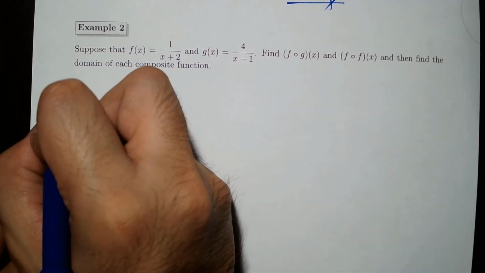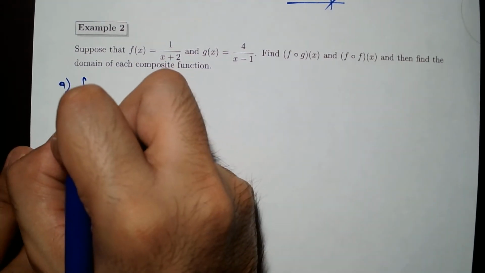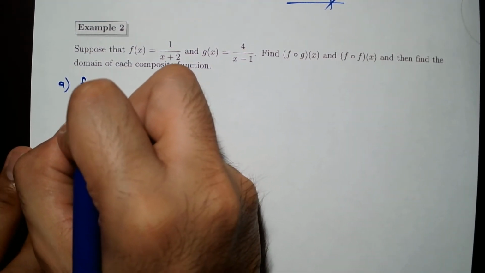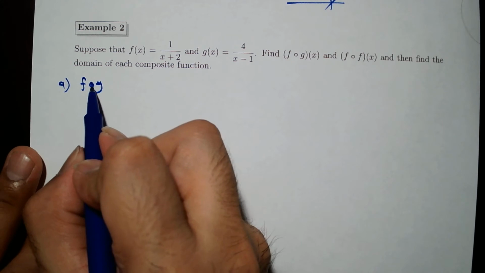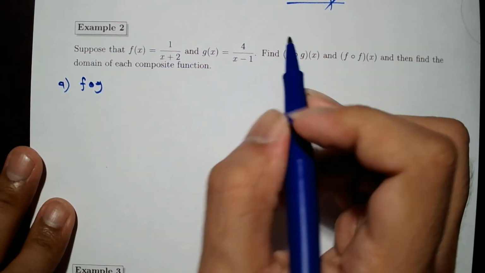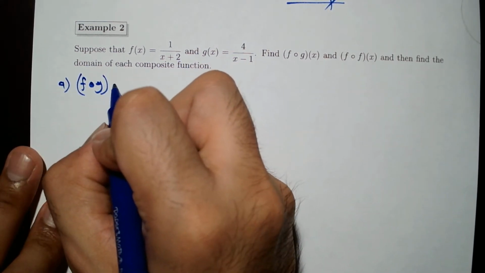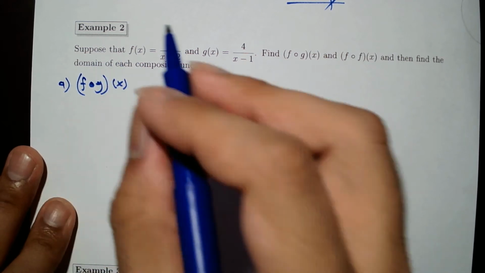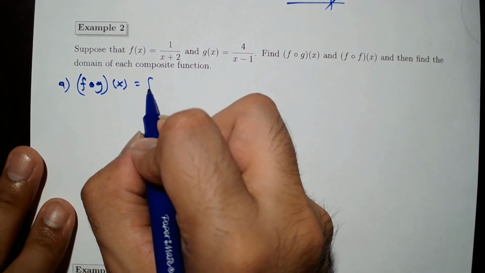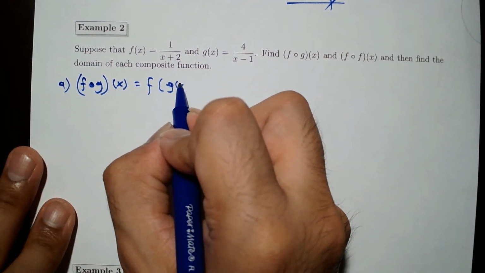So for letter A, if you will, f evaluated at g, notice it has to be like an open circle so that it looks like a composition function, which is f evaluated at g of x.